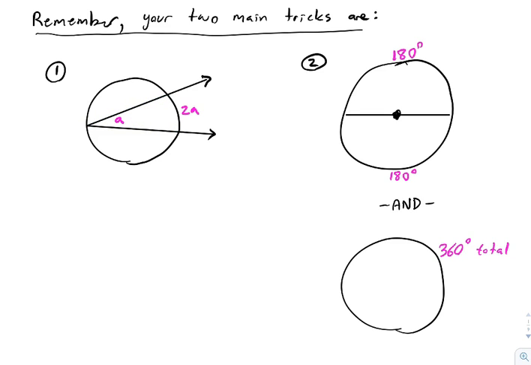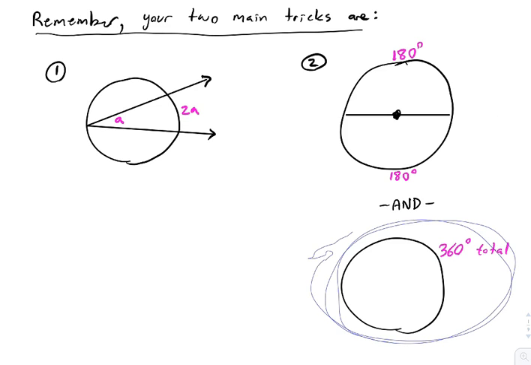That's number one trick. Number two is if we have a diameter that cuts a circle into 180 degrees above and below, and if we have a full circle, it's 360 degrees total. So we can always subtract to find the missing portion.